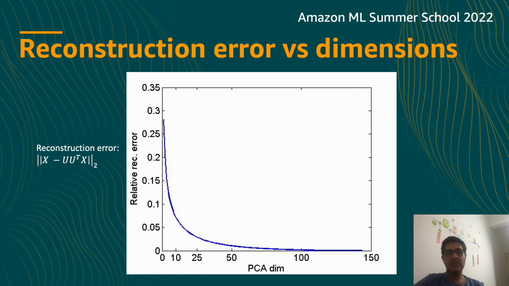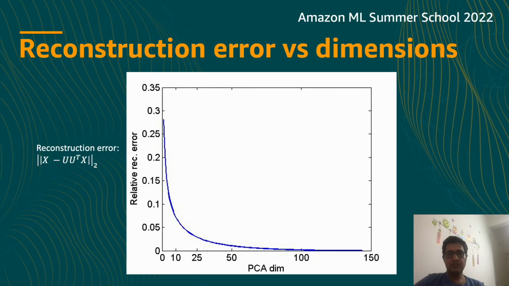This graph is showing you that in case X hat was of, let's say, only 10 dimensions, how much of your matrix would you be able to reconstruct, like how much information loss do you have. Let's say this is our reconstruction loss metric.